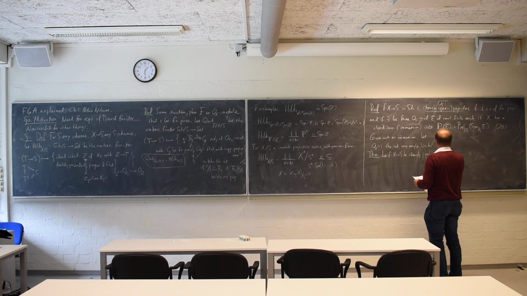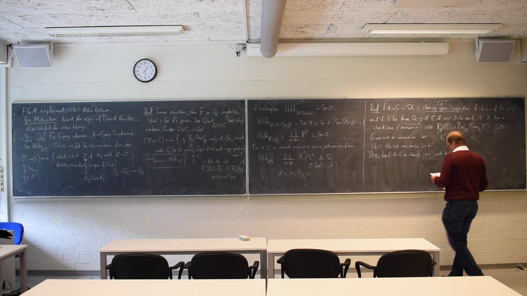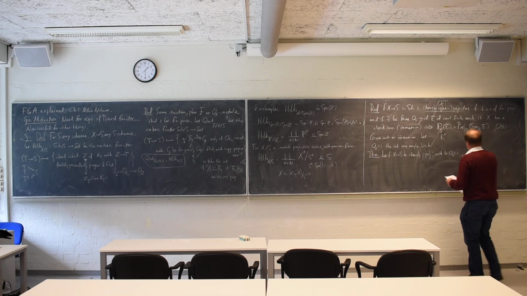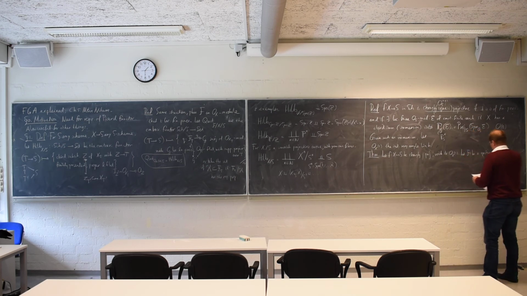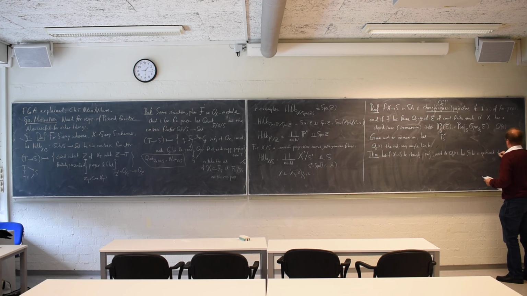With its O_X(1). Let F be a quotient of some, then we say f^*(B) twisted with some power of this.